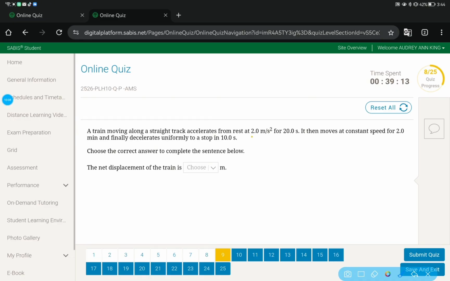So a train accelerates from 2 meters per second for 20 seconds. This is the first part which we're going to solve because this has 3 main steps. So the formula we're going to use for this part, we need to find the velocity final, which is what we don't have.